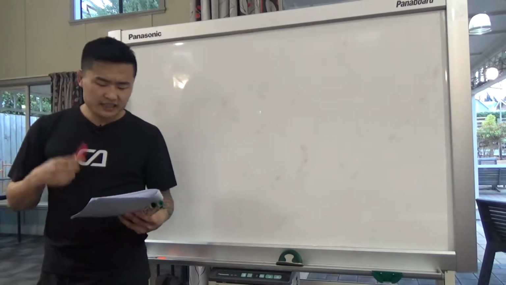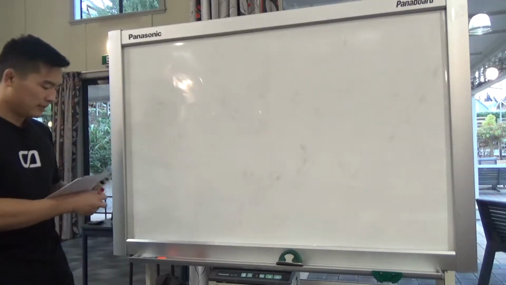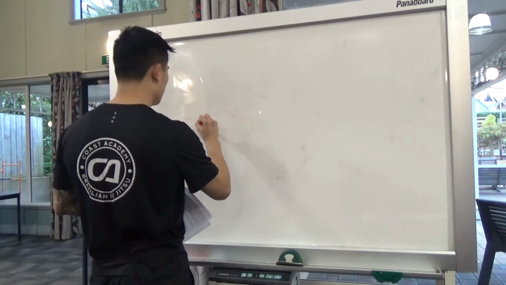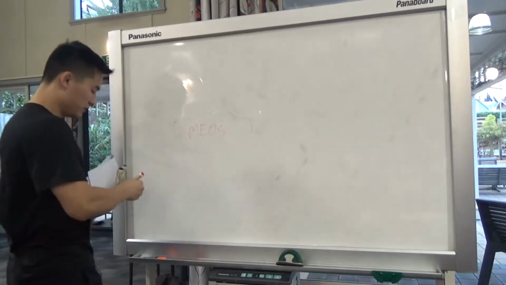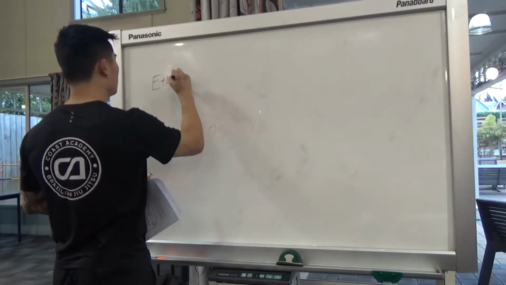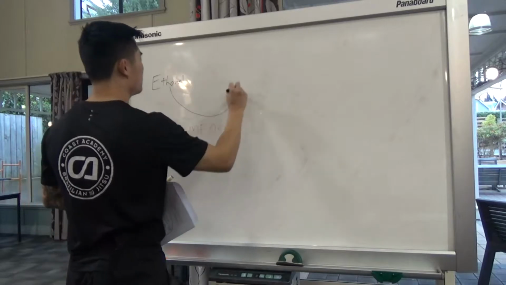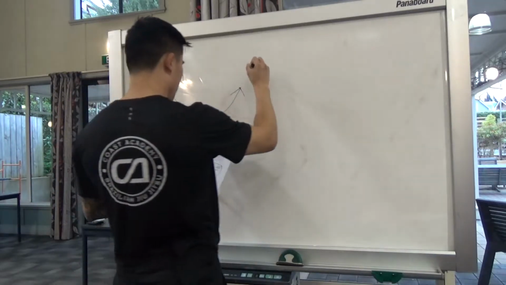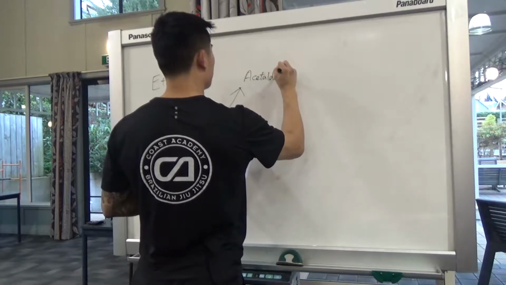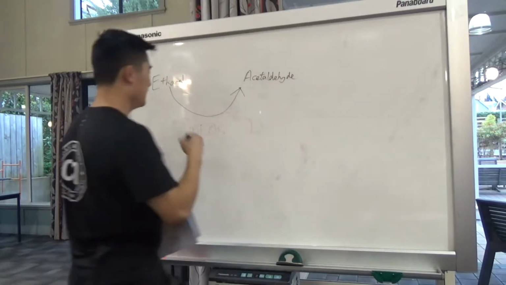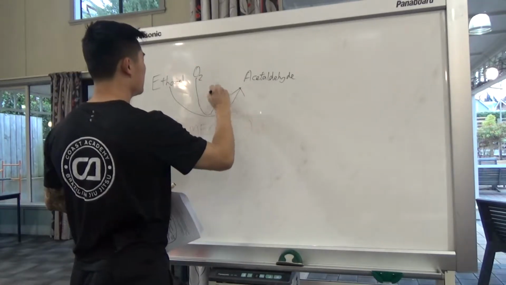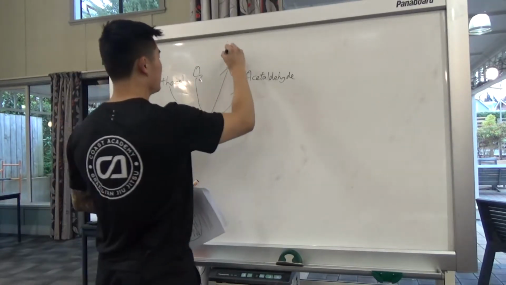So if you look at this MEOS here, you've got ethanol, and that's being broken down into acetaldehyde. And this also uses an oxygen, right?